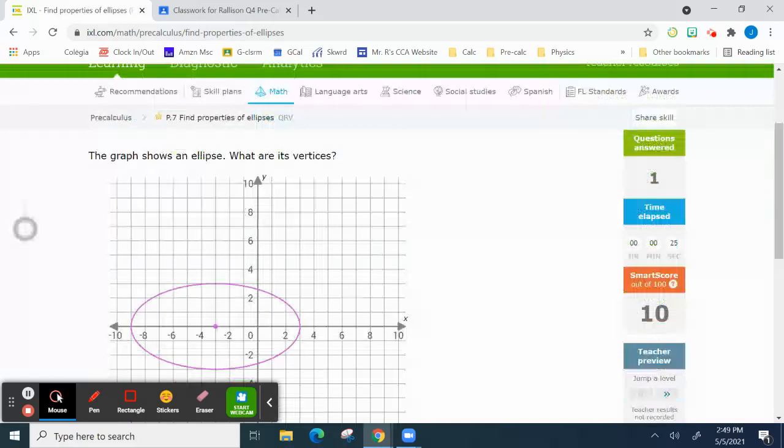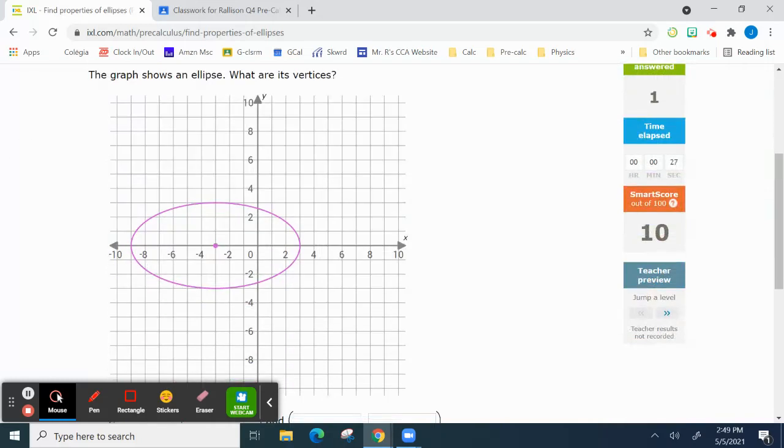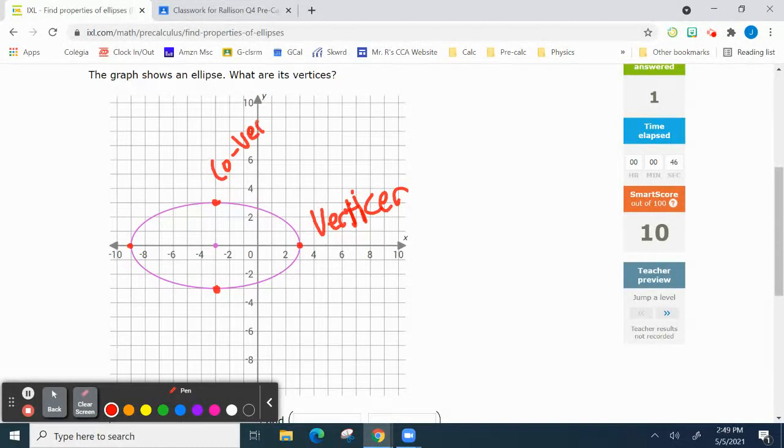This graph shows an ellipse. What are its vertices? So remember these points here, the extreme points along the major axis are the vertices, and the extreme points along the minor axis are co-vertices. So the vertices of this are going to be this point, which is 9, 0.